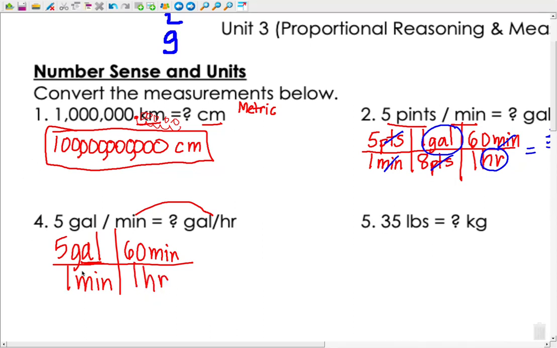Cancel out your minutes. And then if I multiply across the top, I've got 5 times 60, which gives me 300. The bottom will just be 1, meaning we're just left at 300 gallons per hour.